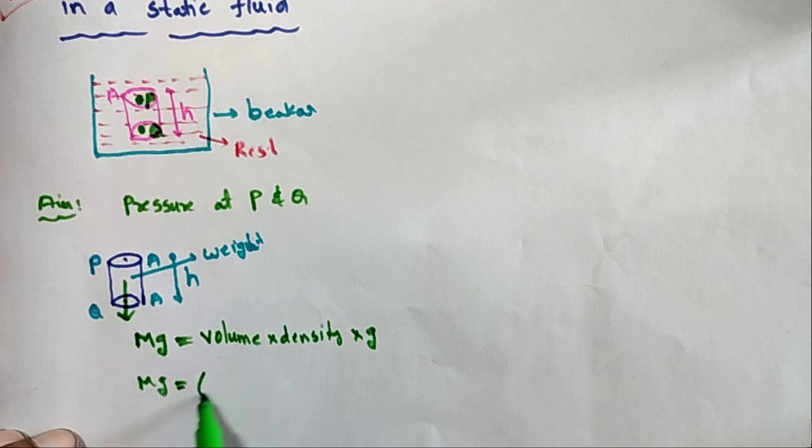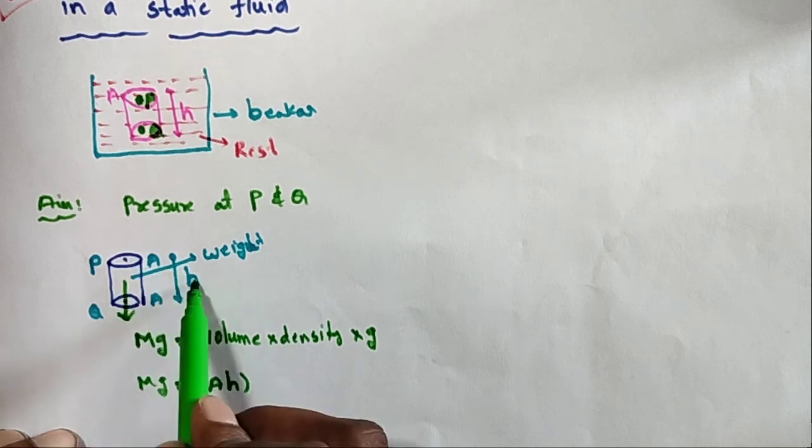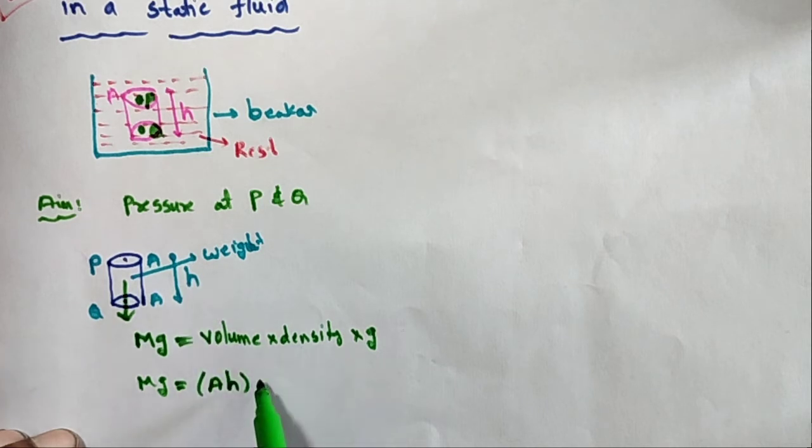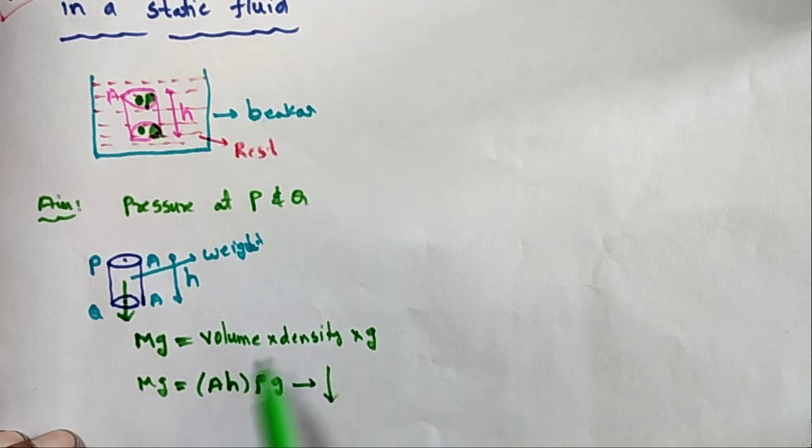Volume means area into length, A into h, and density of the liquid rho, g. So mg is equal to A h rho g. This is the weight of the imaginary cylinder of liquid, acting vertically downward.